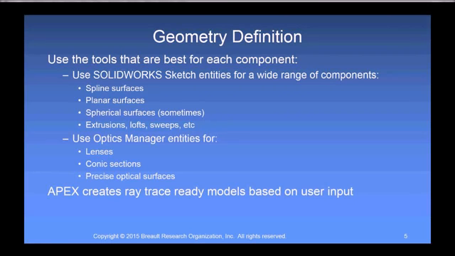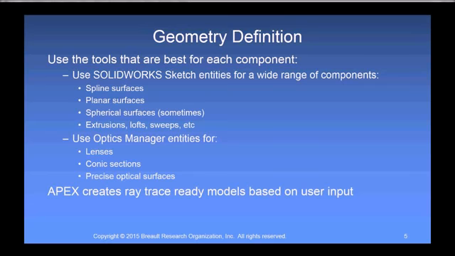But there is also an optics manager that will allow you to create components such as spherical or aspheric lenses, conic sections, and precise optical surfaces such as those defined by higher order polynomials. Again, these are not typically defined within a CAD environment, but because they are sometimes necessary in analyzing illumination or optical systems, the tools have been added via the Apex environment.